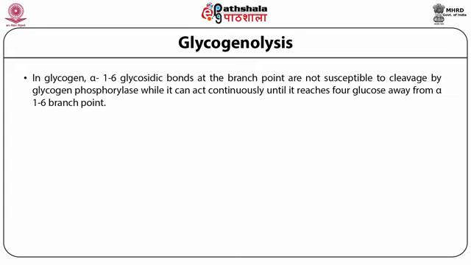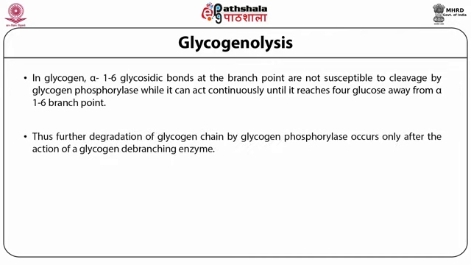In glycogen, alpha-1,6 glycosidic bonds at the branch points are not susceptible to cleavage by glycogen phosphorylase, while it can act continuously until it reaches 4 glucose away from the alpha-1,6 branch point. Thus, further degradation of the glycogen chain by glycogen phosphorylase occurs only after the action of glycogen debranching enzyme.